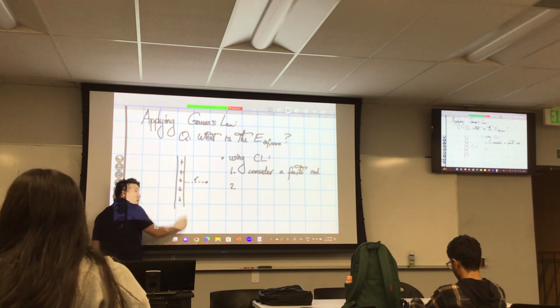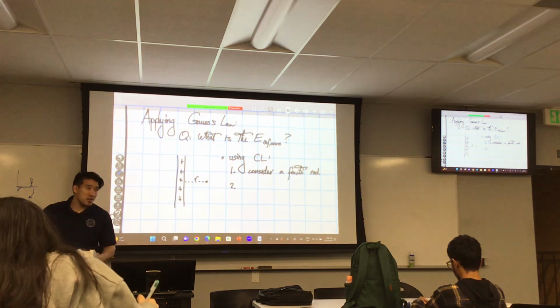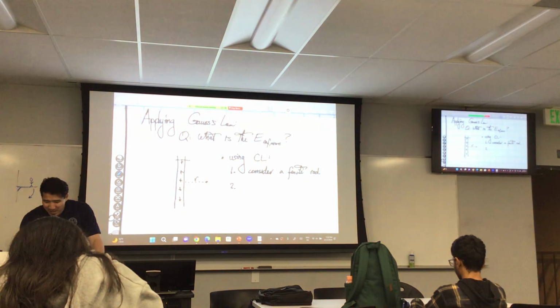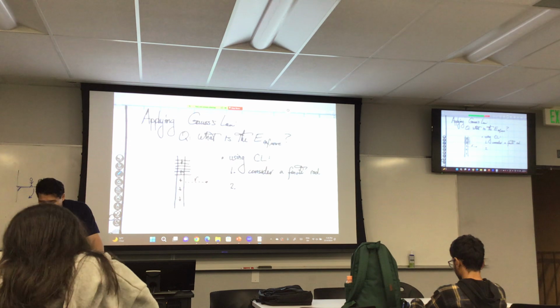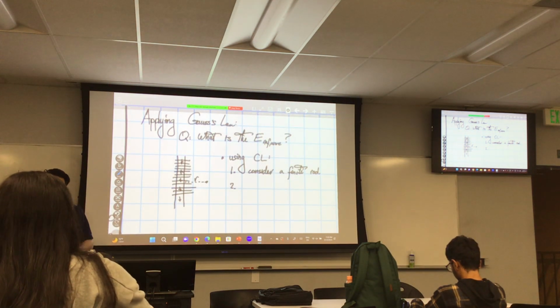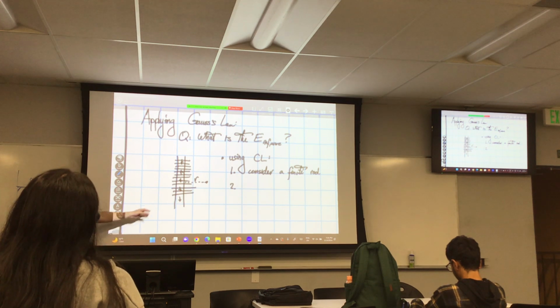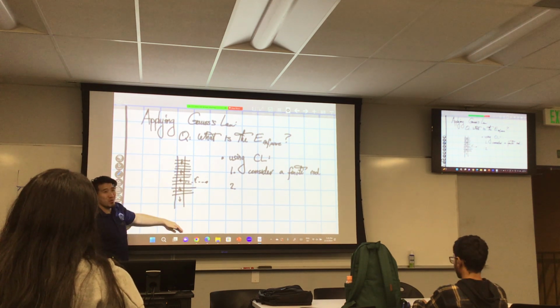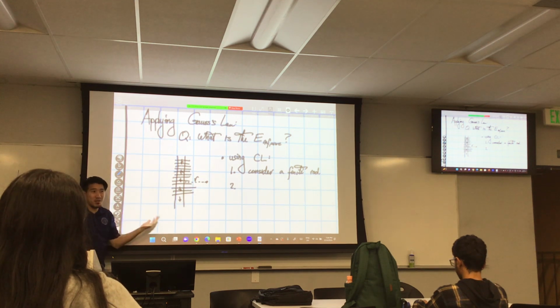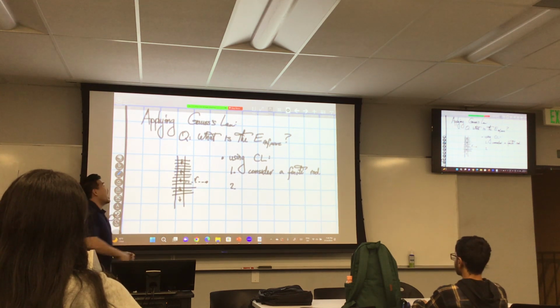But for this infinite wire, there's no reason why we can't, at least mentally, slice this up into very small pieces. Right, we can do that. You're not actually cutting it up, but instead of thinking of this as one large piece, let's think of this as many small pieces stacked on top of each other. It's okay to do that.